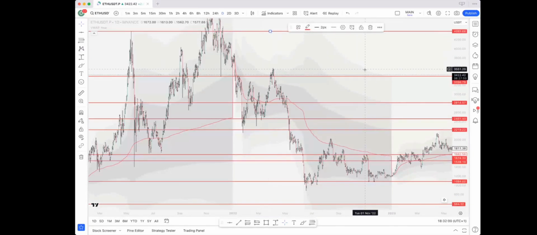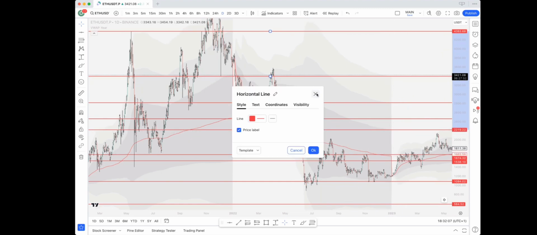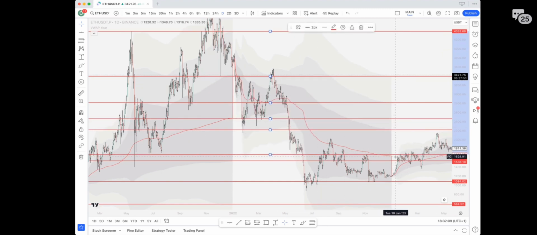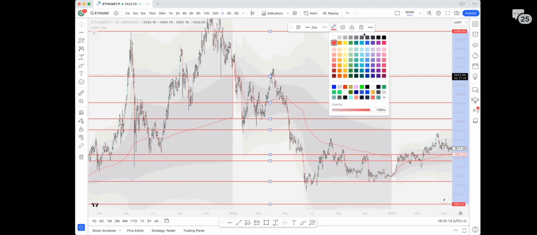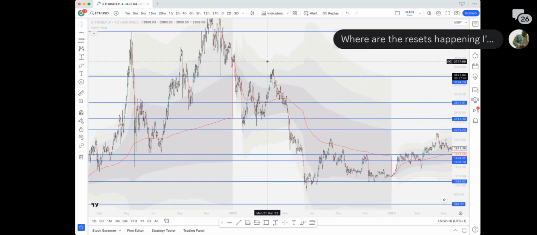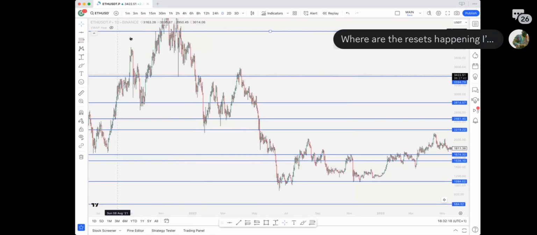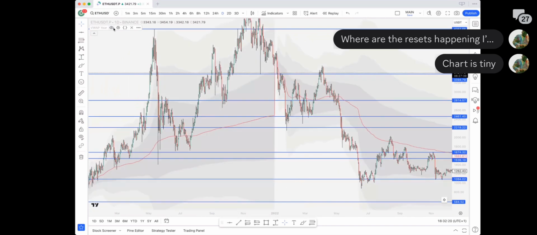So I'll make all these blues like we had on Bitcoin, so we do not get confused with which ones we're focusing on. So in blue, there we go. There we go, and we'll see if these are respected.